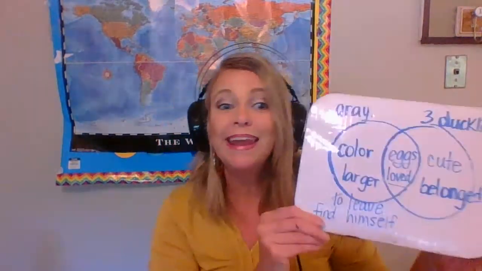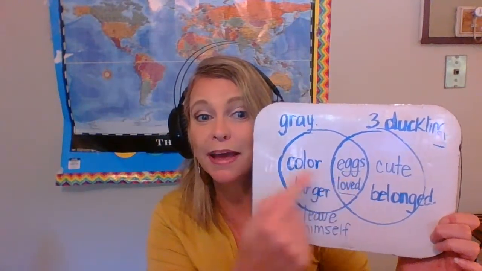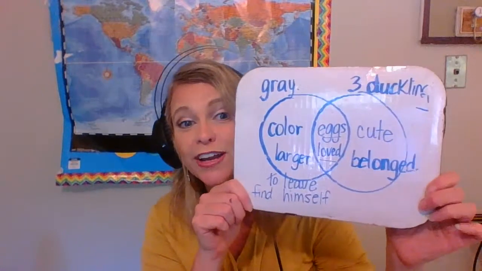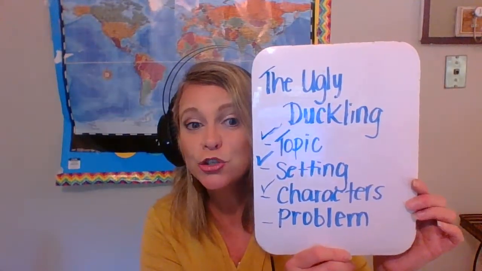Thirdly, we made a Venn diagram to compare and contrast the different characters. Then we went over how to retell a story. Okay. And lastly, we talked about a conclusion, the ending of a story.